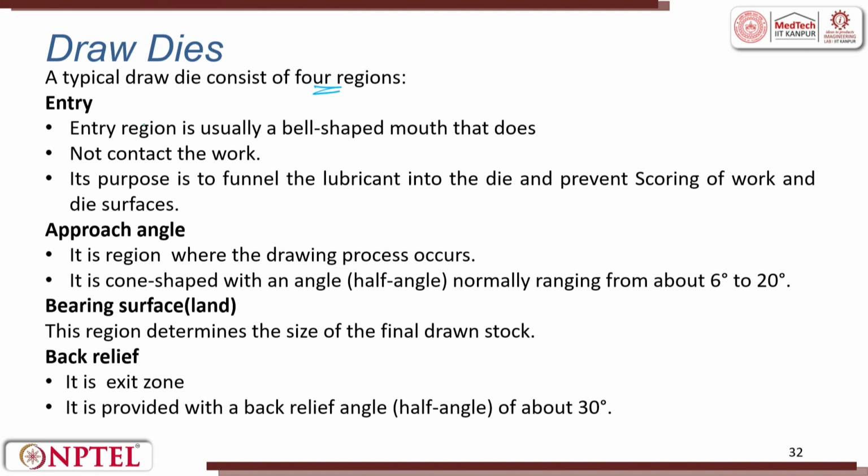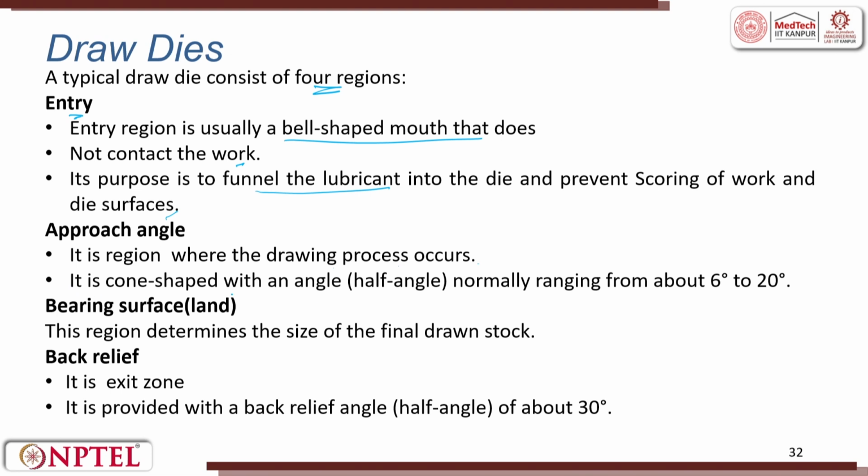There are 4 regions. Entry. The entry region usually is a bell shaped mouth that does not come in contact with the workpiece, but its purpose is to funnel the lubricant into the die and prevent scoring of the work on the die surface, vibration and liquid also. The approach angle is the region where the drawing process occurs.